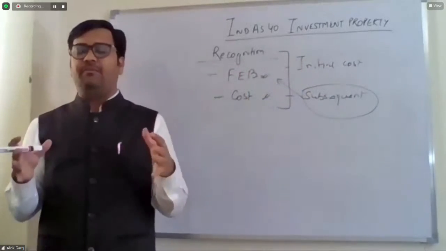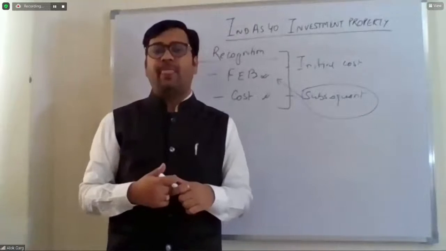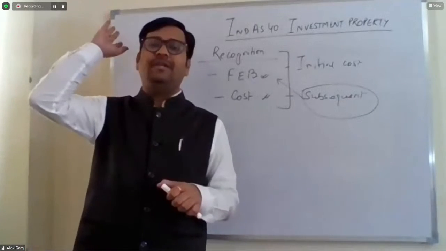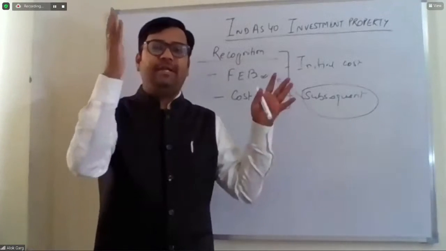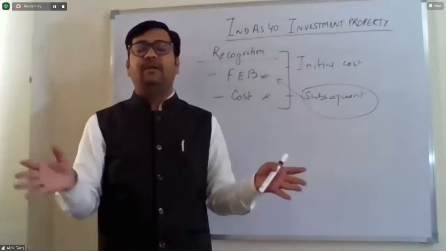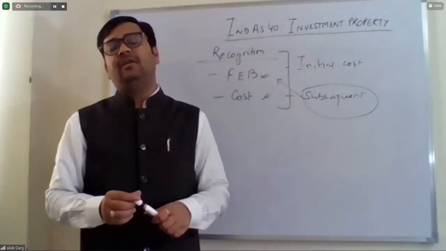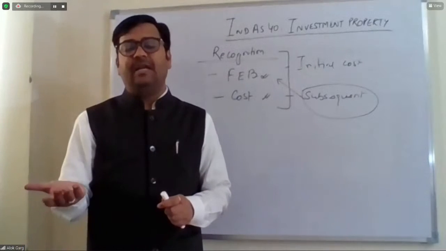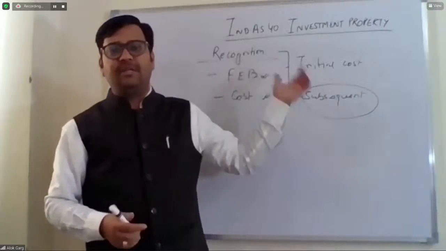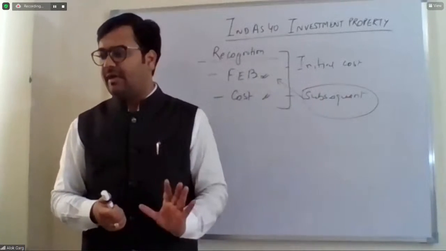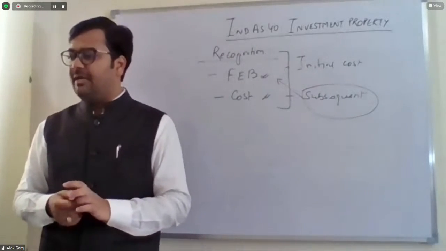So these small things should be expensed off. But for example, if the roof needs a complete replacement, one of the interior walls needs a complete replacement, the escalators need a complete replacement, these are going to be capitalized as a subsequent cost, and the existing part needs to be derecognized. Yes, Ambika, you're right.